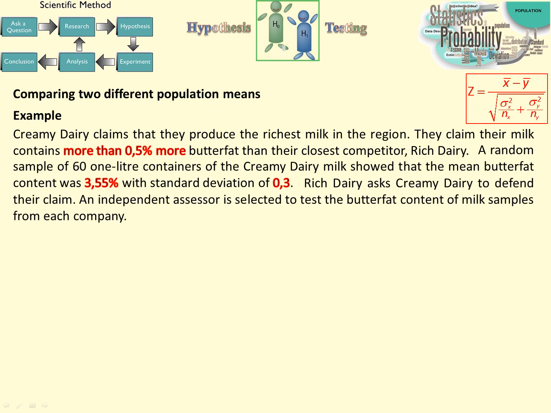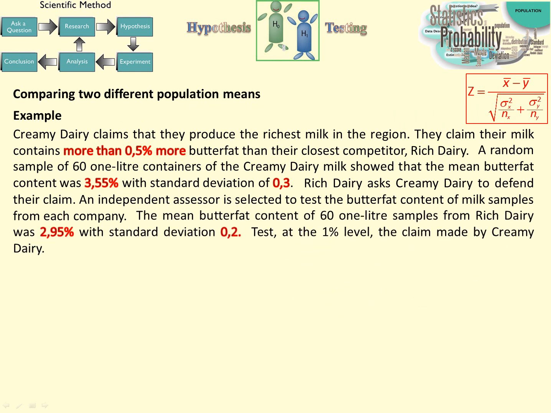Rich Dairy asked Creamy Dairy to defend their claim. An independent assessor is selected to test the butterfat content of milk samples from each. The mean butterfat of 61-litre sample from Rich was 2.95 at standard deviation 0.2. Test at 1% level the claim made by Creamy Dairy.